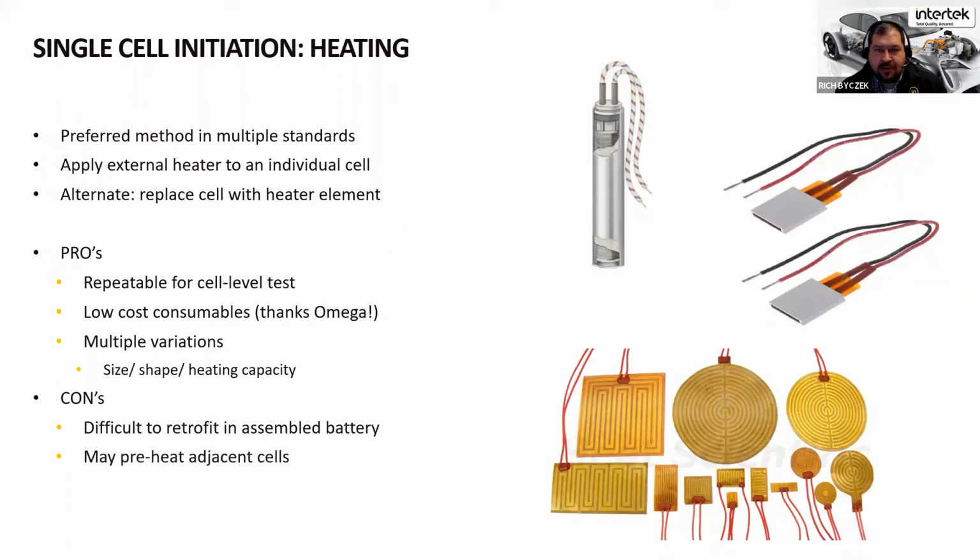We're creating an external source, so we're not modifying the cell. There's a lot of options out there. It's fairly repeatable, at least at the cell level, to find the right mix of heating surface area, temperature, and ramp rate, temperature ramping, that you can trigger a single cell runaway that's somewhat repeatable and somewhat representative of a worst case, at least at the cell level.